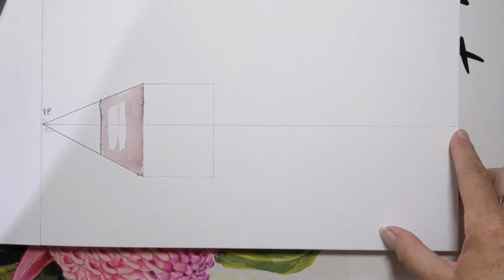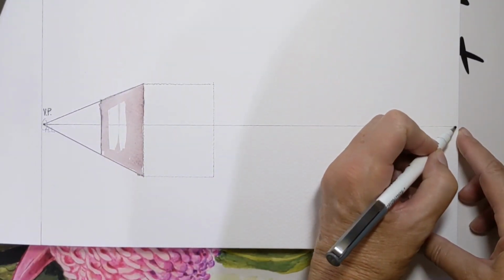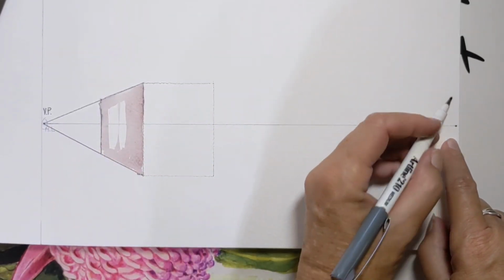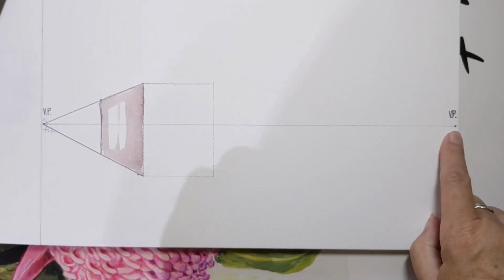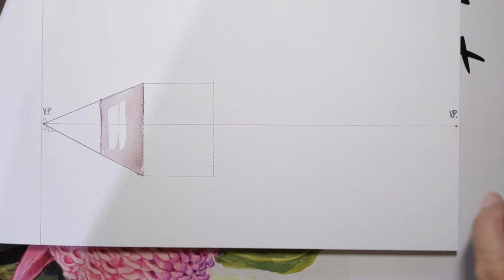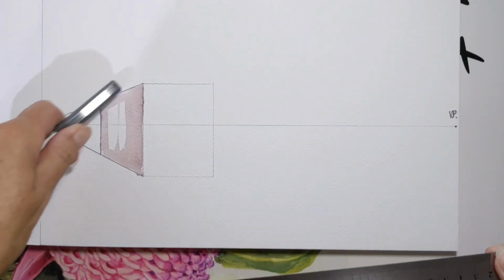So I'm just going to work within what I've got here, which means I'm going to put my other vanishing point, it must be on the same horizon line, way over on the edge of my paper. If I had a bigger sheet of paper, or a bigger film zone, I would continue it further, because I draw exactly the same as I did here.